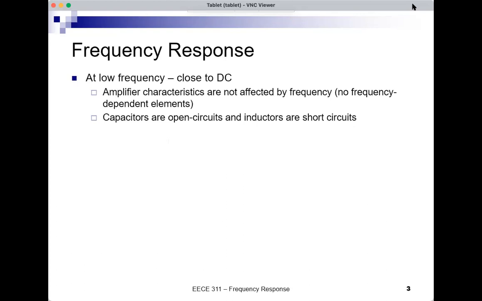Now, why did we ignore this so far? Because at low frequency, there's really nothing in the circuit that is affected by frequency. If we look at the circuit itself, we have the resistors, we have the transistors, sometimes diodes, and we saw capacitors and very rarely inductors.